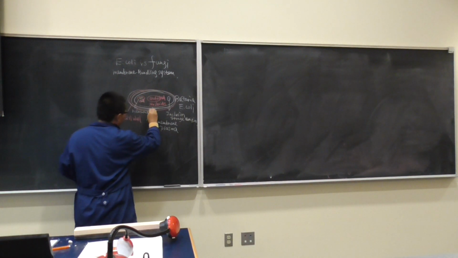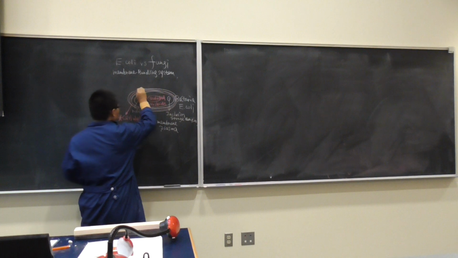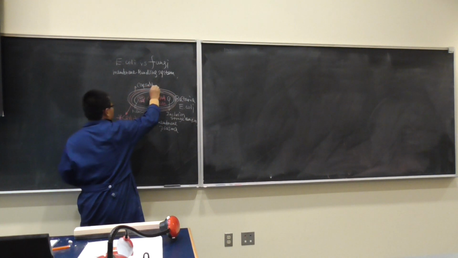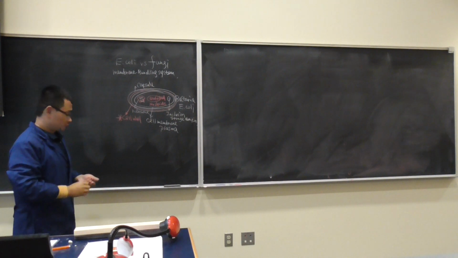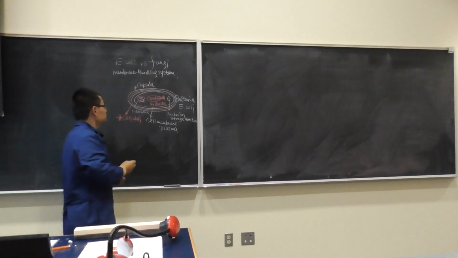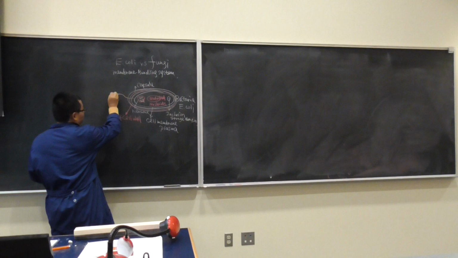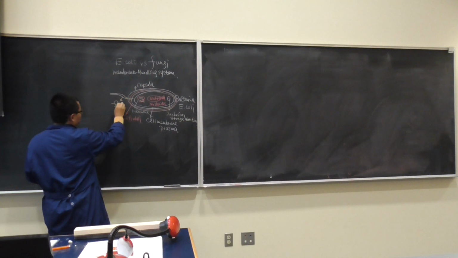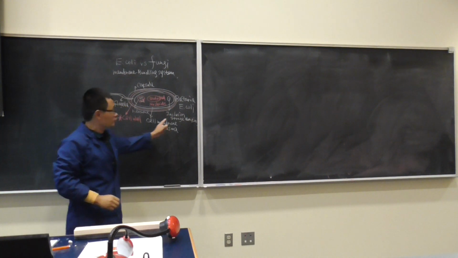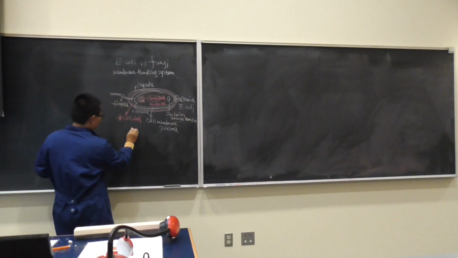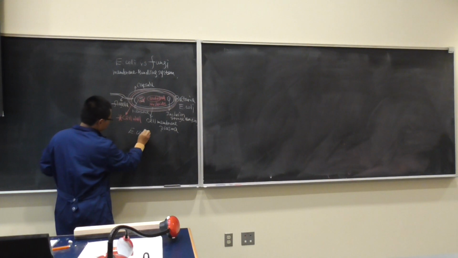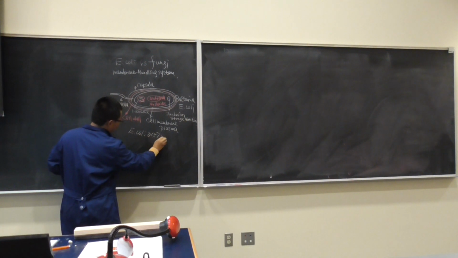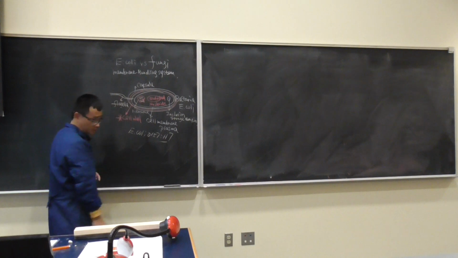Now what else is outside? Sometimes we have a capsule for protection. We may have a tail right here for movement. That's a flagella. Very important for E. coli: remember E. coli O157:H7. What does this H mean?